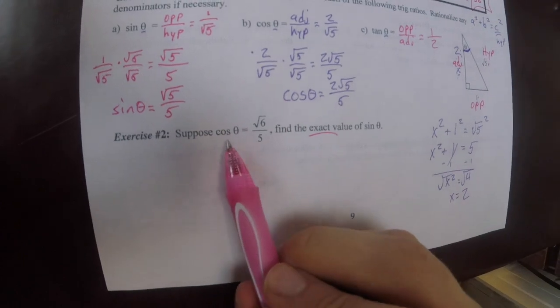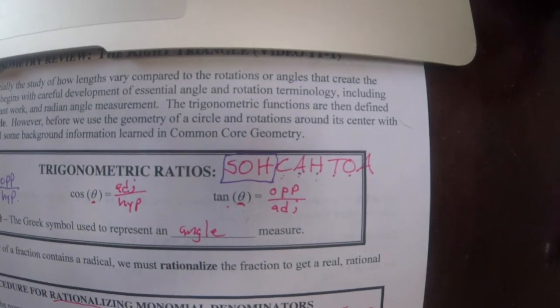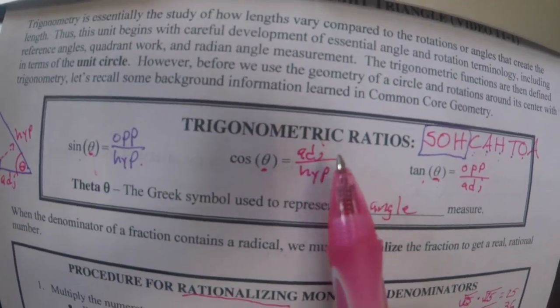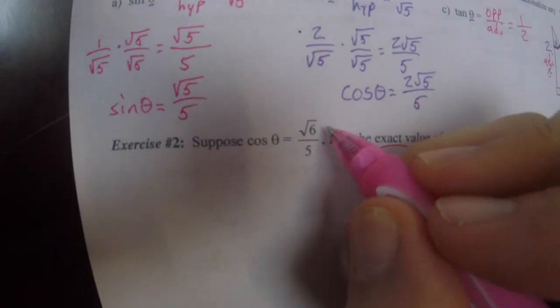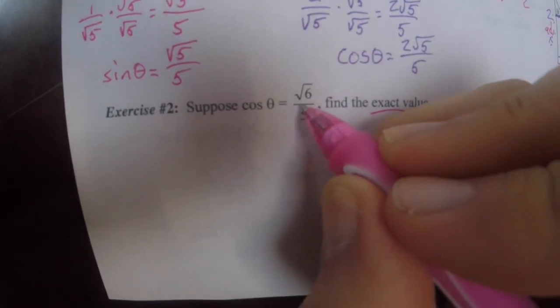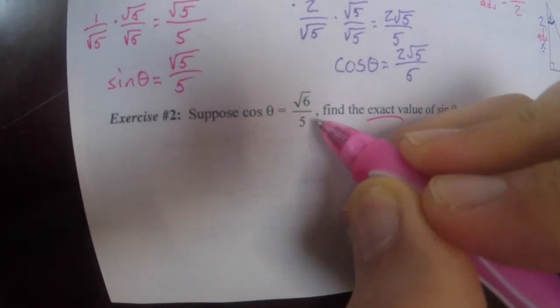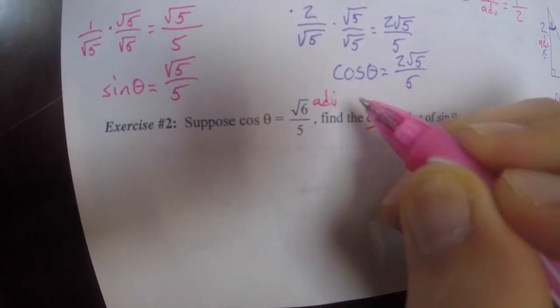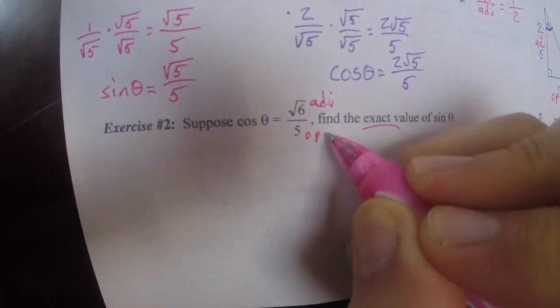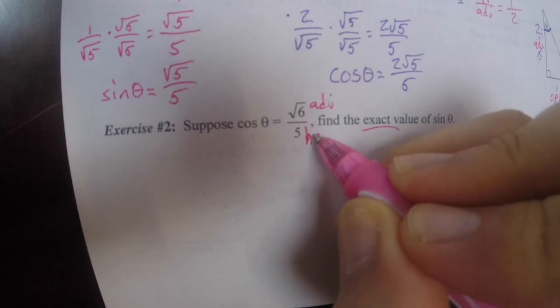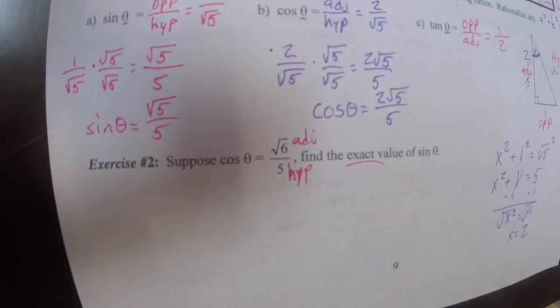We're dealing with cosine, so what's cosine? Cosine is adjacent over hypotenuse. So I know for a fact that radical 6, since cosine is adjacent over hypotenuse, is an adjacent. I know 5 is a hypotenuse.